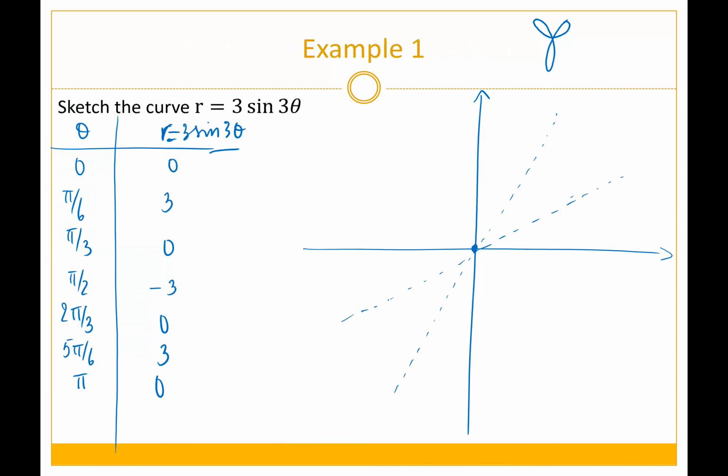Pi over 6 gives 3, so this is the point. Pi over 3 is again 0. Pi over 2 gives negative 3, so this is the angle of pi over 2, but the radius is negative 3, so you go 1, 2, 3 in the opposite direction. Then you have 0 again. And then 5 pi over 6 gives 3.